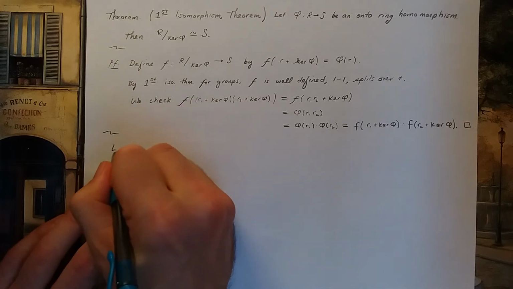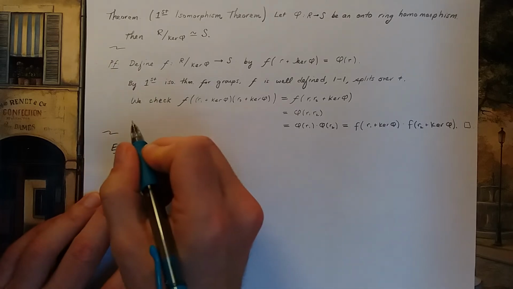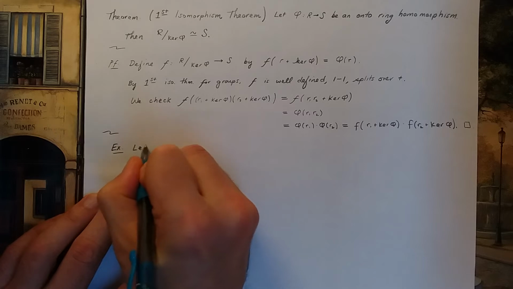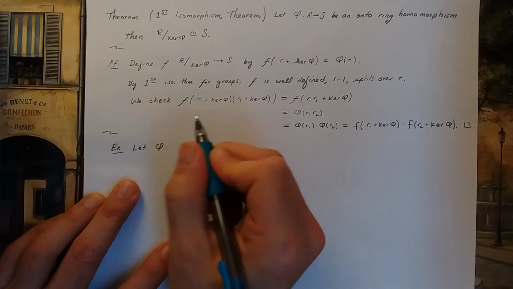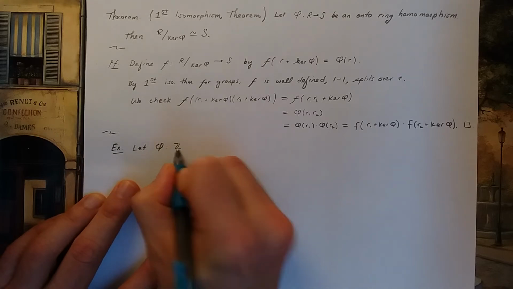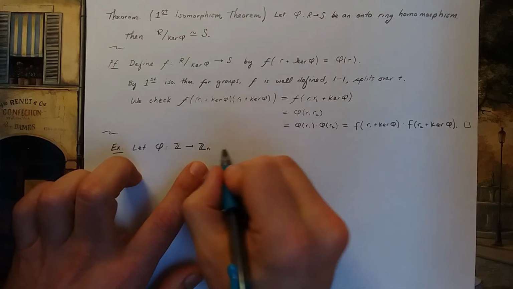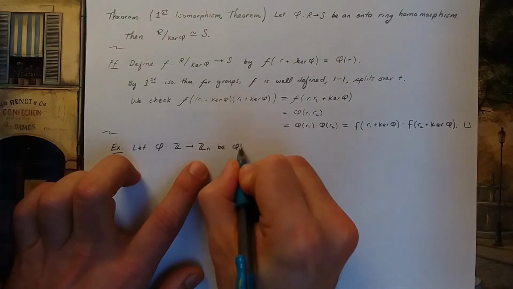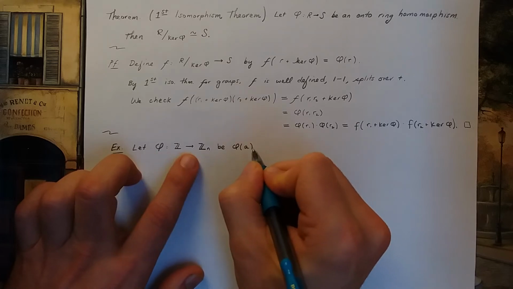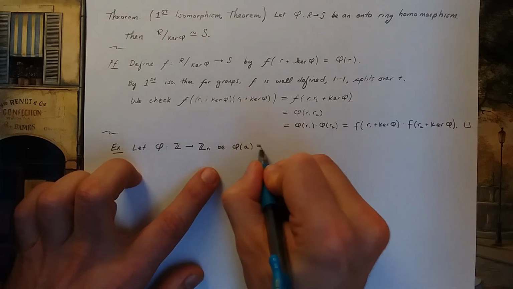Let's do a couple of examples. So let phi go from Z to Zn be defined by sending an element a in Z, an integer, to a mod n.